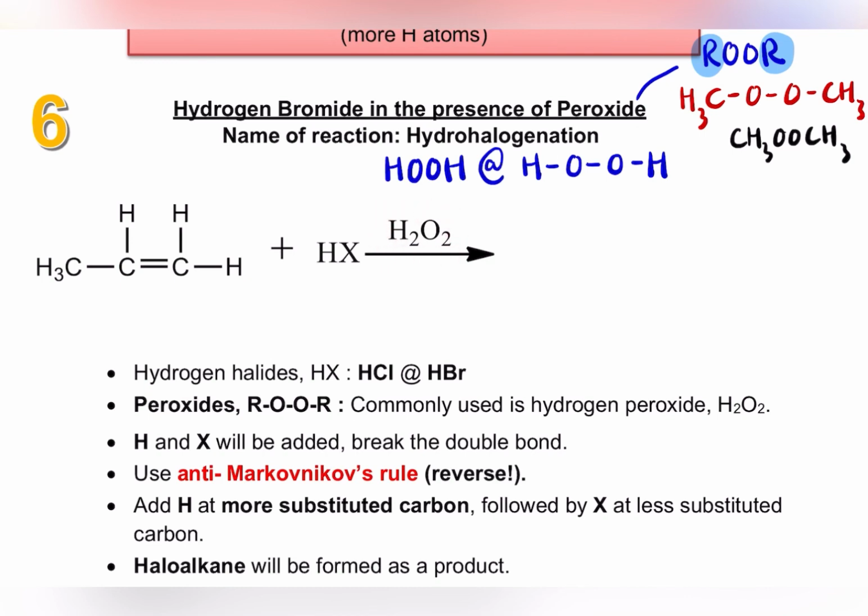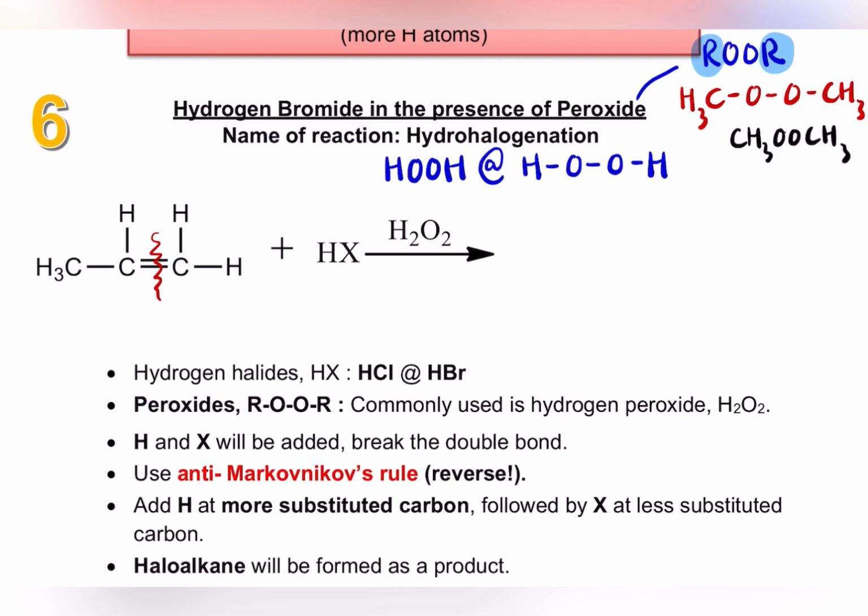So in this case, you are going to break this double bond as usual, but we will apply anti-Markovnikov's rule in this reaction. So it means that we are going to add our positive reagent at more substituted carbon, not the less substituted carbon.